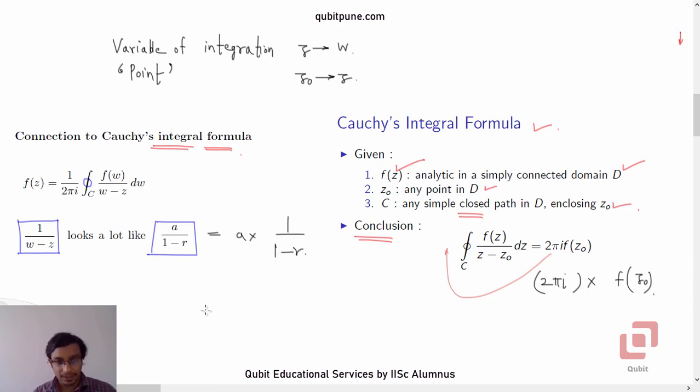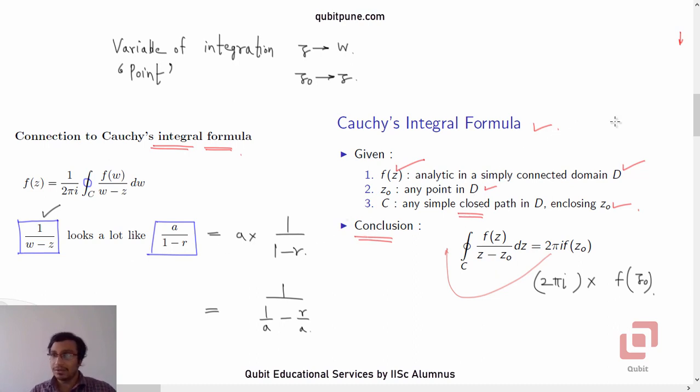So this resemblance encourages us to try to find the region of convergence, or the values of z and w for which this number 1 upon w minus z can be associated with a convergent geometric series.